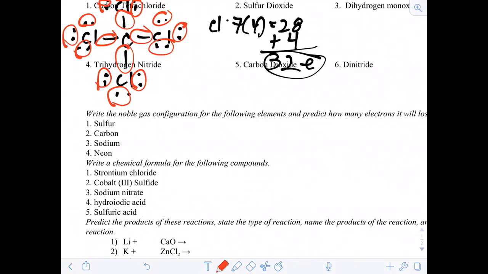You're going to use this reference on the back of your study guide for determining shape. All we do to determine the shape is think about how many things are attached to the central atom. This is the central atom, carbon, right here. Think about how many things are attached to it and tell me what the shape is.